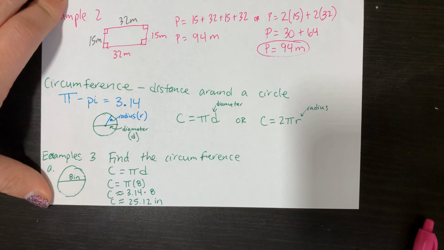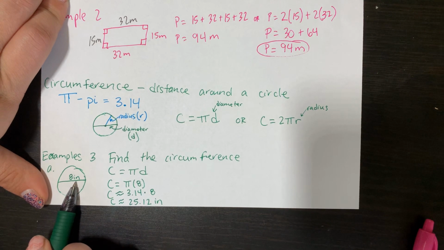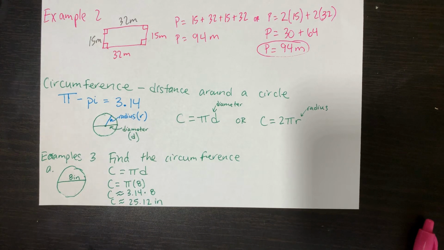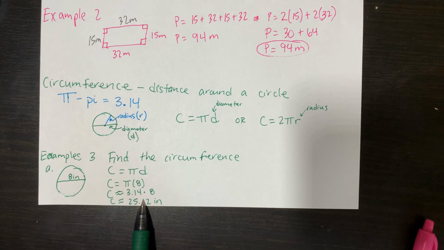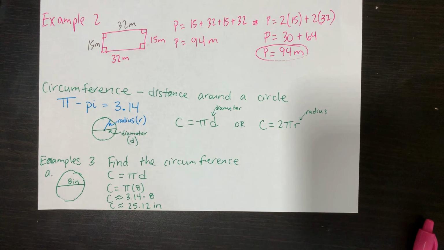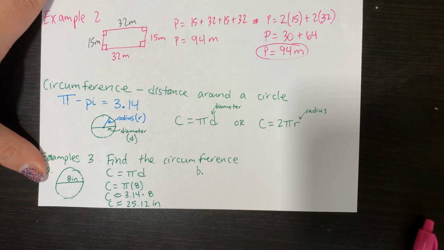So we would add inches, because this is inches. Depending on the directions, if it said round to the nearest tenth, then remember tenth is only 1 decimal place and we would leave it as 25.1 inches. That's going to depend on what the directions tell you.